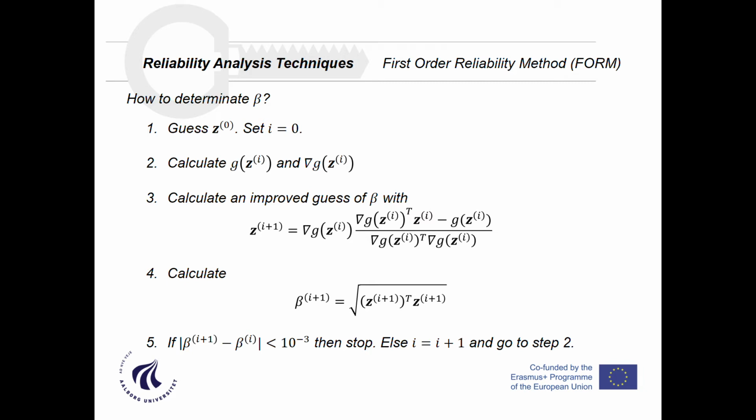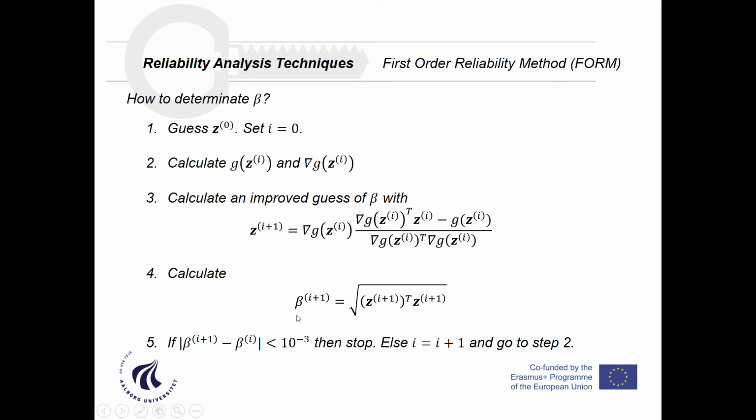So there is an algorithm that is shown here in 5 steps. So first we are going to guess the initial value for the random variables. Then we want to calculate the limit state function. Then we want to calculate also the gradient of this limit state function. And then we want to calculate an improved guess of beta with this expression shown here.